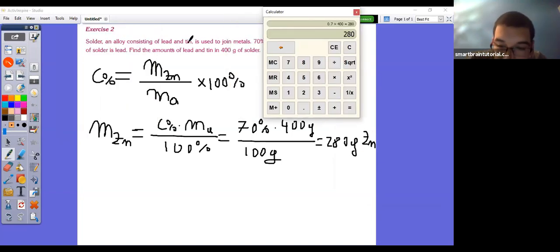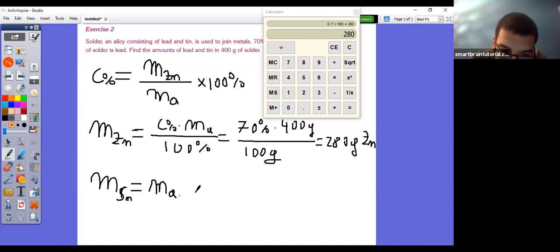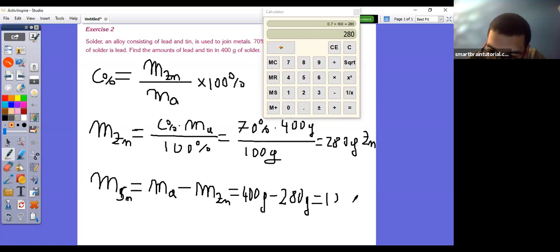What will be the mass of tin? Of course, the mass of tin, the chemical symbol of tin is Sn, will be the mass of alloy minus the mass of lead. 400 grams minus 280 grams is 120 grams of tin.